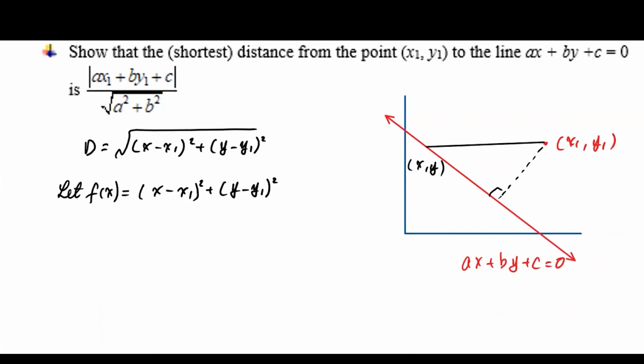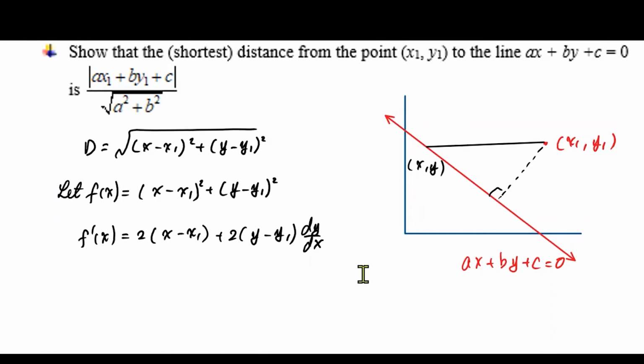So if I take a derivative, this thing becomes 2 times x minus x1, and then dx over dx, which is 1. Plus 2 times y minus y1, and then this one has a chain rule, dy over dx. You get it? Now, what are these things?